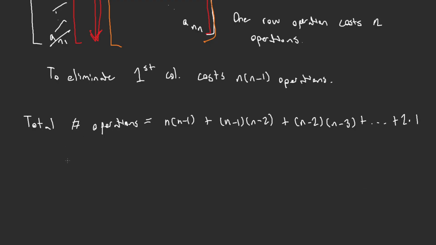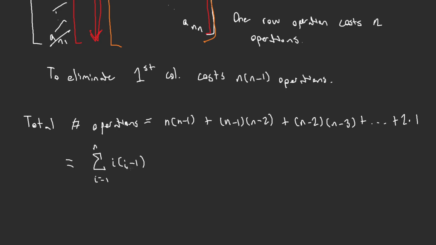And so we can write this more succinctly with summation notation. This is going to be the sum from i equals 1 to n of i times i minus 1. Now, this is the exact same thing. It's just instead of going from the big term to the small term, the first entry in this sum is going to be 0, and then the second entry is going to be 2 times 1. And the last entry is going to be n times n minus 1.